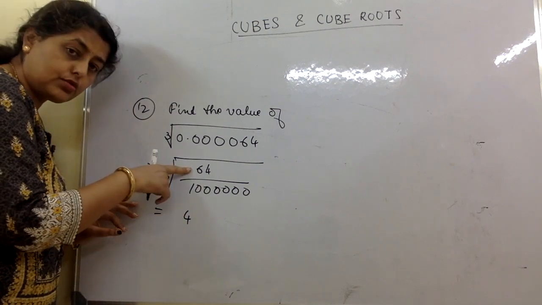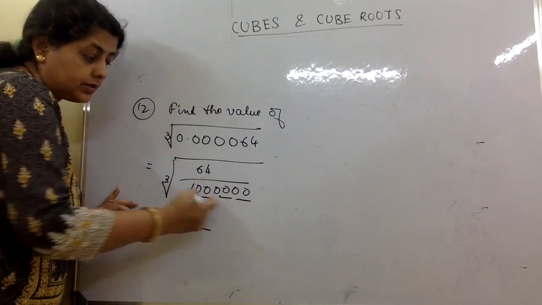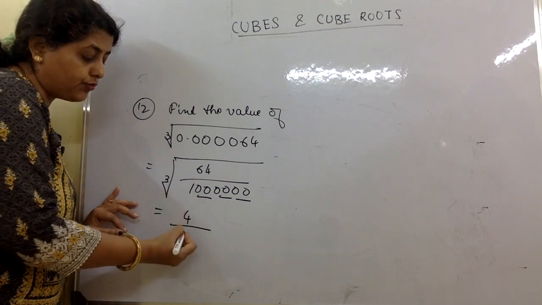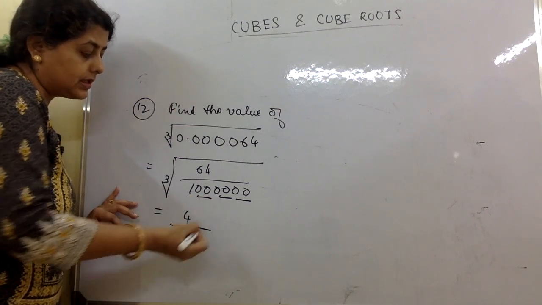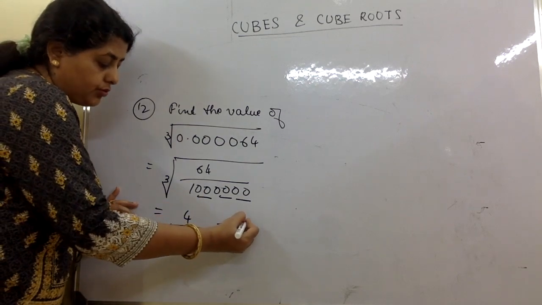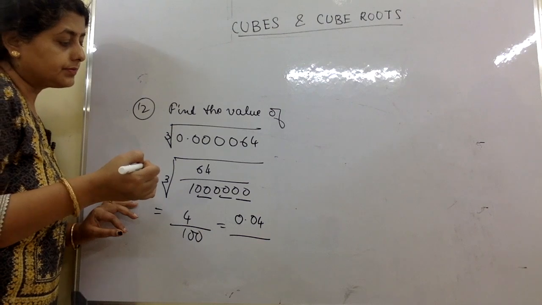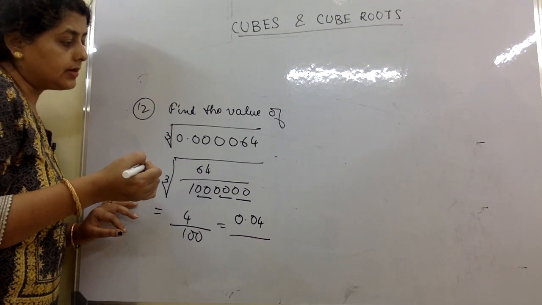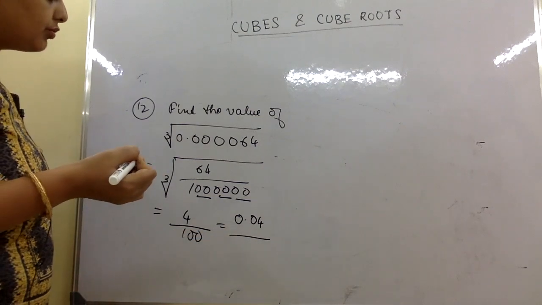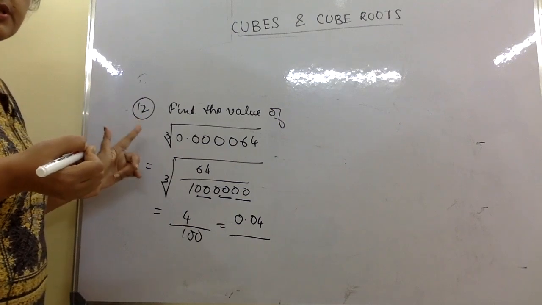If you are not getting it, do prime factorization. And look here, there are 3 sets of 2 zeros. So out of that, one set will be taken here. So what is the cube root now is 0.04. Okay, so this is the cube root of the given decimal number.